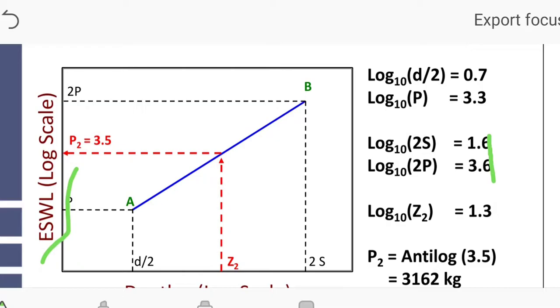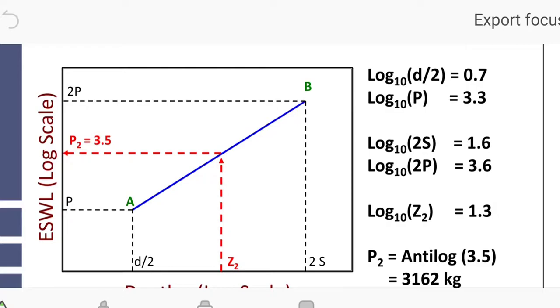If you are taking a normal graph, then you need to convert all these values, d by 2, P, 2S, 2P, with respect to log and get those values. Those values you'll be plotting in the normal graph, or on a log scale you directly plot the values of d by 2, P and 2S, 2P, right?